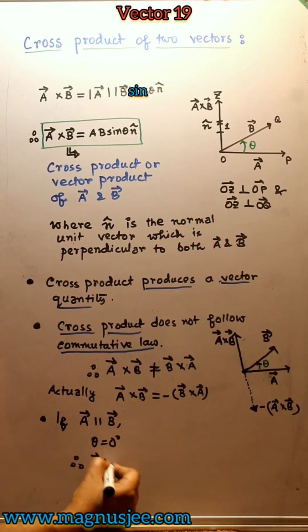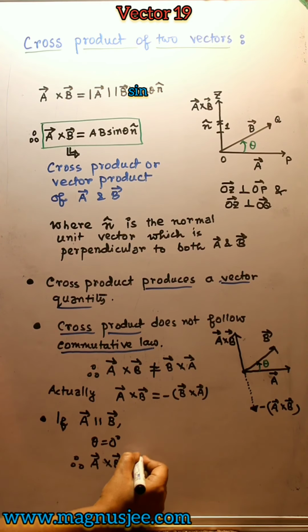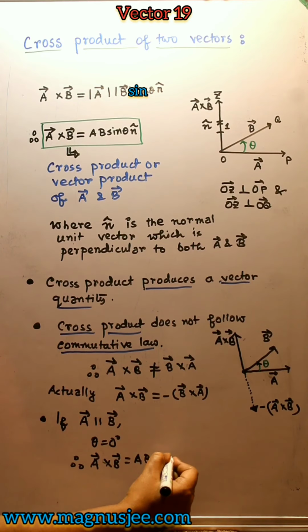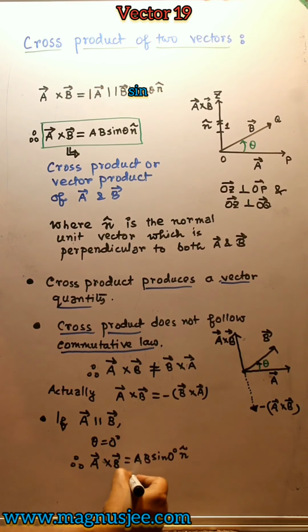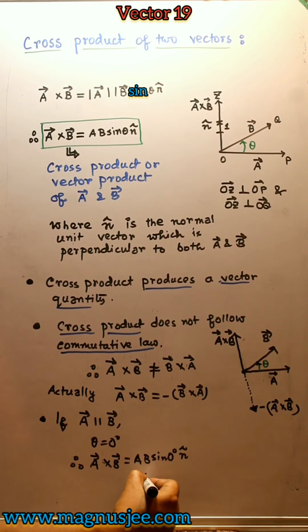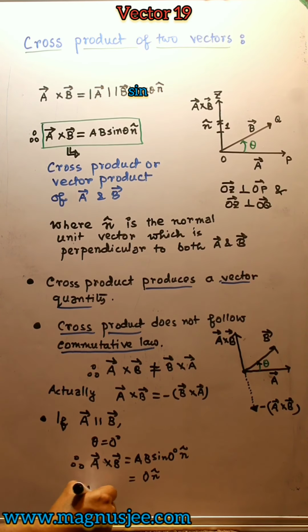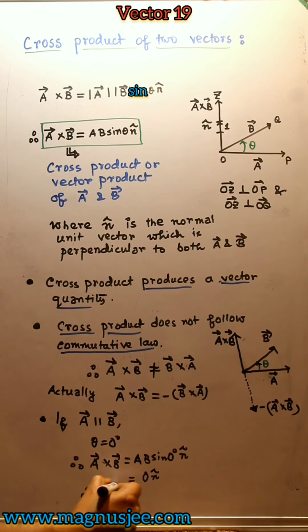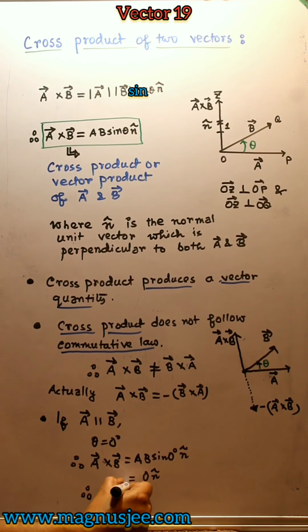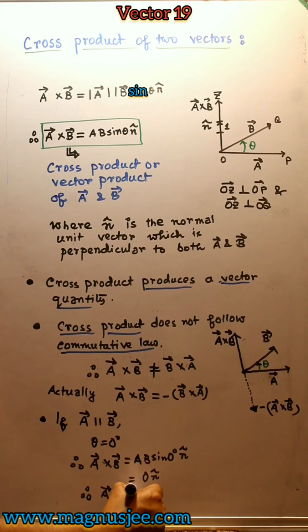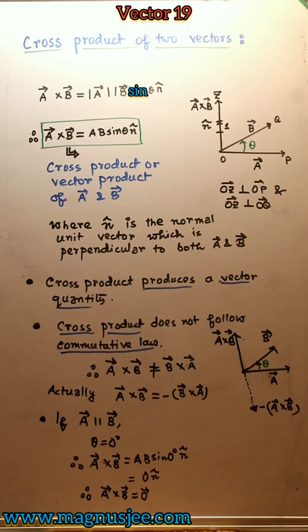If vector A is parallel to vector B, then theta equals 0 degree, and vector A cross vector B will be AB sin 0 degree n cap. Now sin 0 degree is 0, hence A into B into 0 is 0 n cap. Hence vector A cross vector B equals 0 vector, not 0, it should be 0 vector, or null vector.